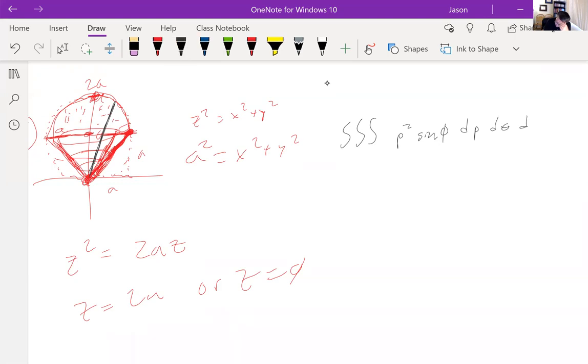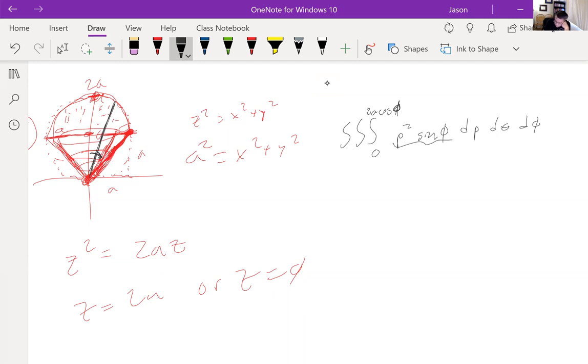And then this thing goes from 0 to, before we had a cosine or whatever, this is going to be 2a cosine phi, because it's this angle here that I'm looking at. That's what rho is going from.